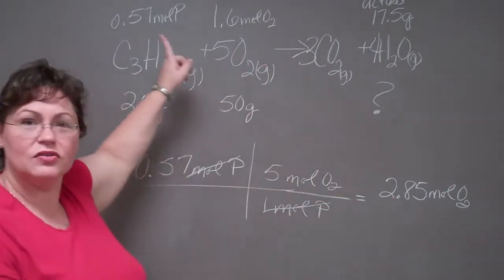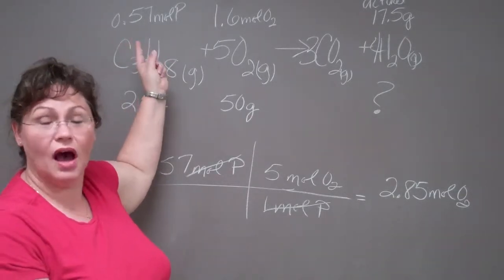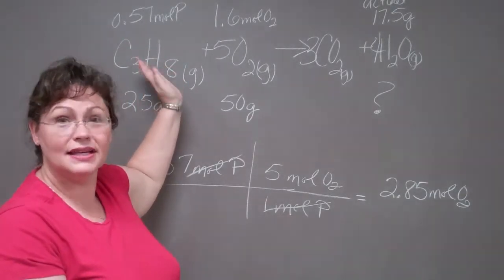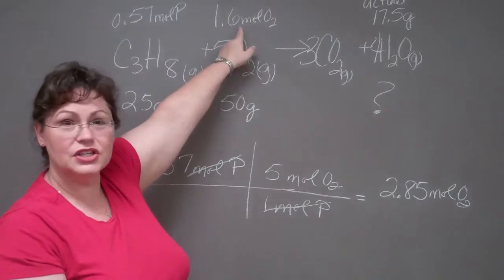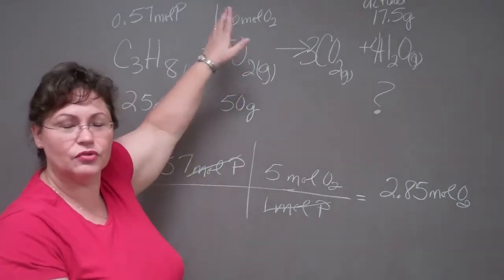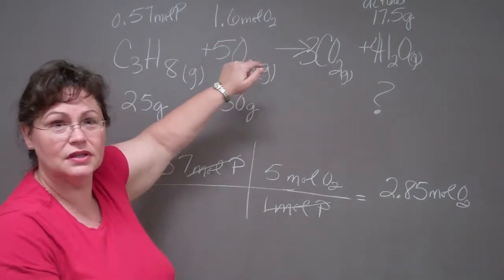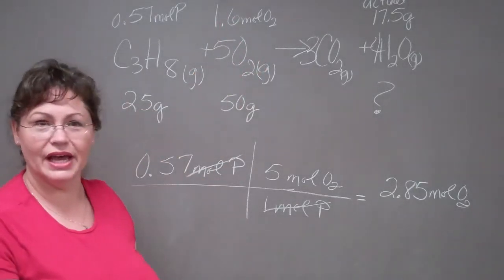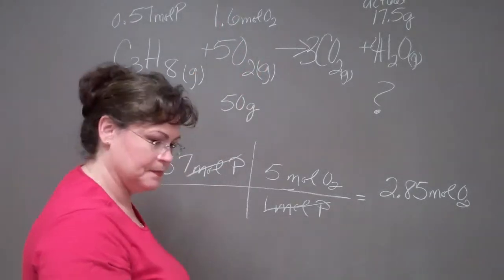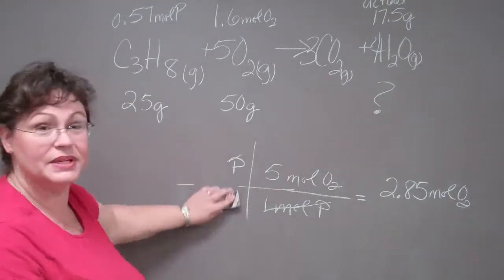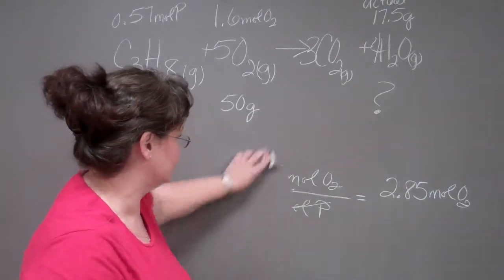So that tells us all of the propane's not going to be reacted, it's in excess, and the oxygen is actually limiting the reaction because when it's used up, the reaction stops. So the oxygen is limiting the reaction. That's our limiting reagent, or our limiting reactant.